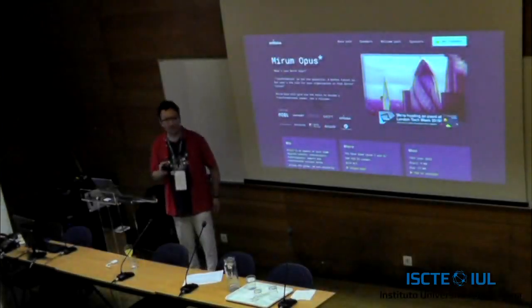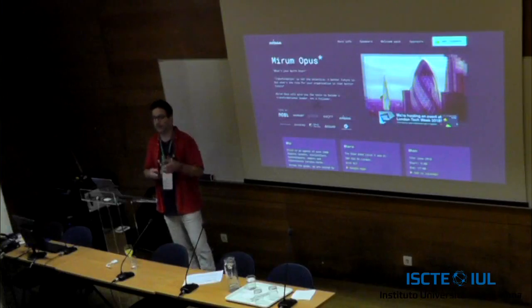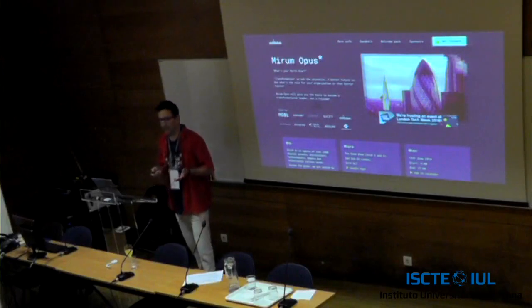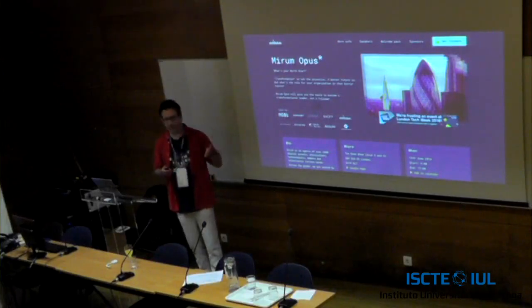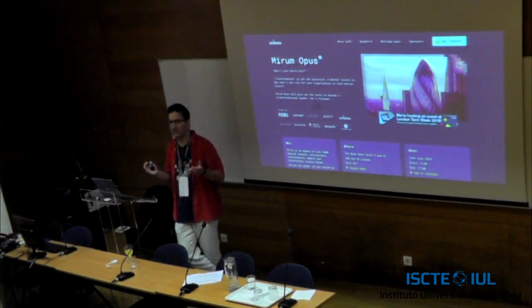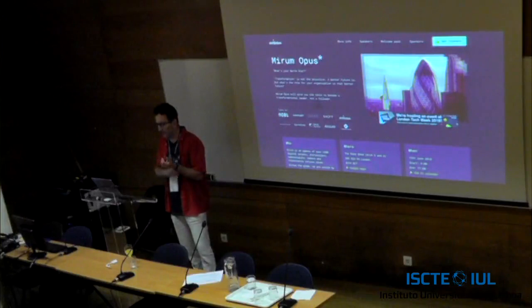Here's a site. This is the site of Mirum Opus, which is an event. This is a conference held in London and San Diego every year. It's not a developer conference, but it's technically oriented. So to make this message understandable, this year's conference designer used a monospace font.